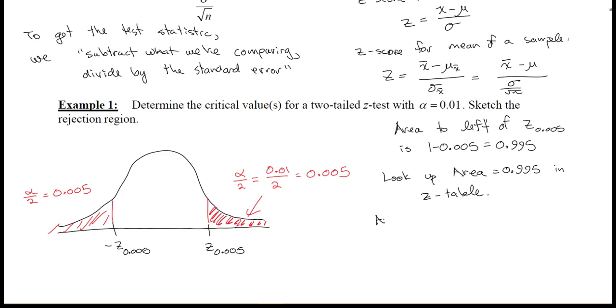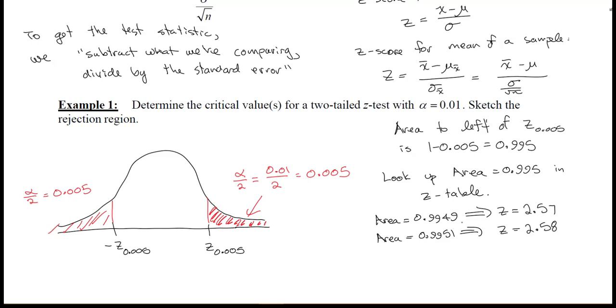Okay, so my area of 0.9949 corresponded to a z-score of 2.57, and an area of 0.9951 corresponded to a z-score of 2.58.